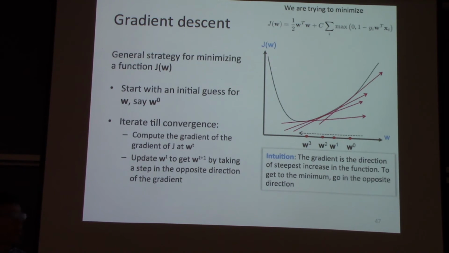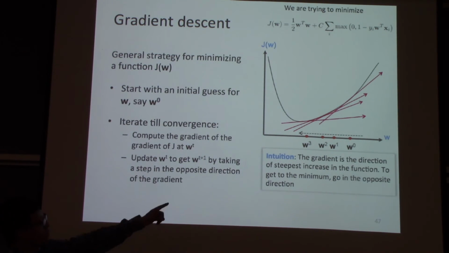That means you want to go to the left, moving a small step to W1, and then calculate the gradient, which is the slope of the tangent. And it's still pointing to the right, so you still go to the left. You keep going. So this is called gradient descent. You're always going in the direction opposite to the gradient direction.